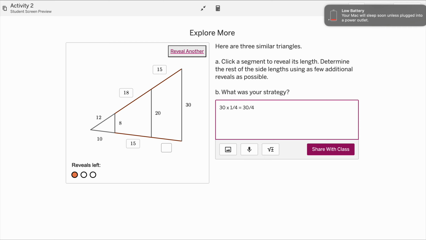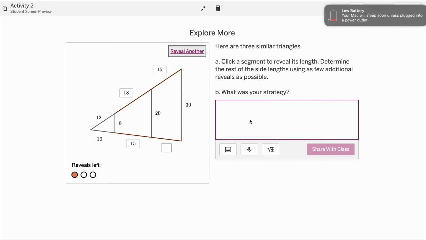So 4 goes into 30 7 times with 2 left over. So that's, yeah, okay. So 27.5 would be our answer there. Right? 30 times 1, oh wait, no, that's the whole thing. So 30 times 1 1/4. Okay.